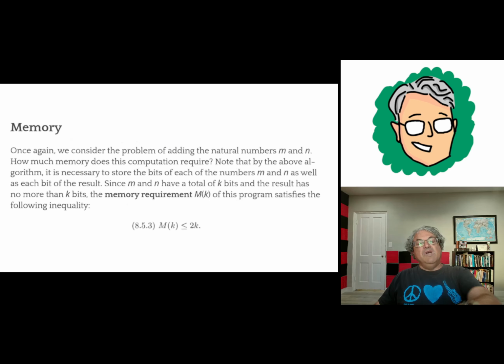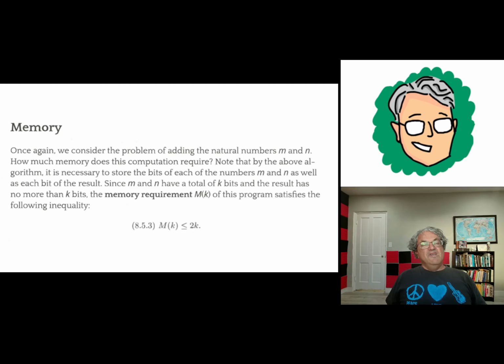What about memory? Similarly, memory is also less than or equal to 2k, because not only does the computer have to store all the input in its memory, so the memory allocation of any program is always at least as big as the size of the input.